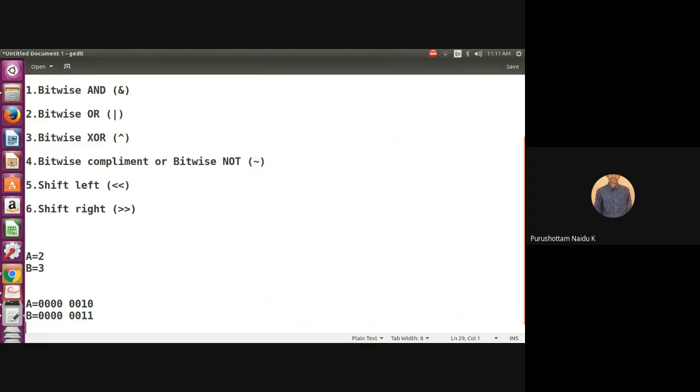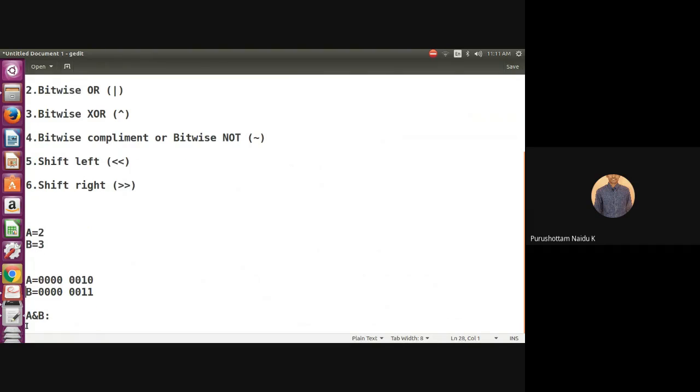Now if we perform bitwise AND of A with B, what is the result? For bitwise AND, the output is 1 only when both inputs are 1.